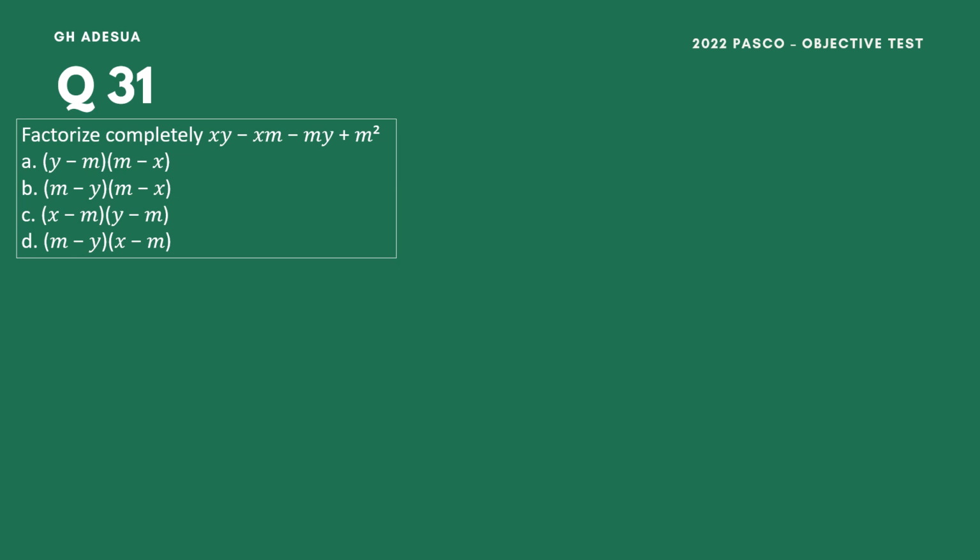So we have xy, minus xm, minus my. You can see that most of the letters are repeating themselves, like x, m, and x, m, and m, so you can choose whichever one you want to group them.